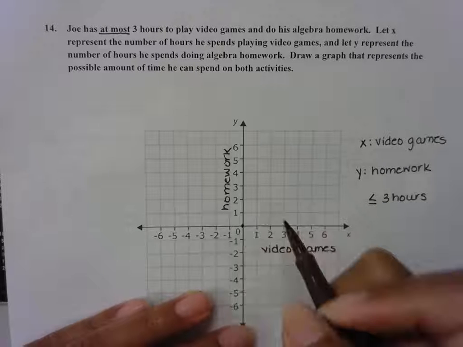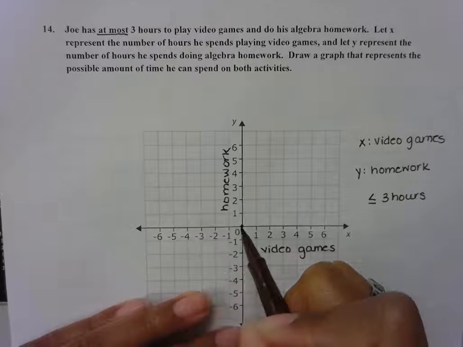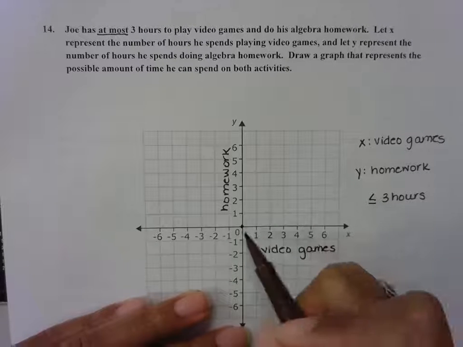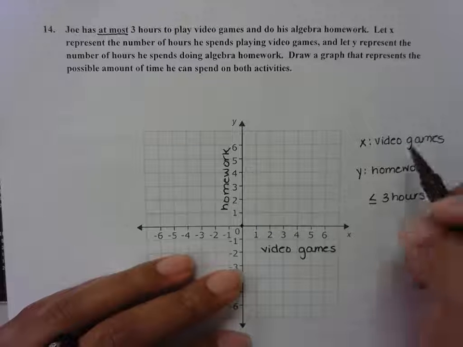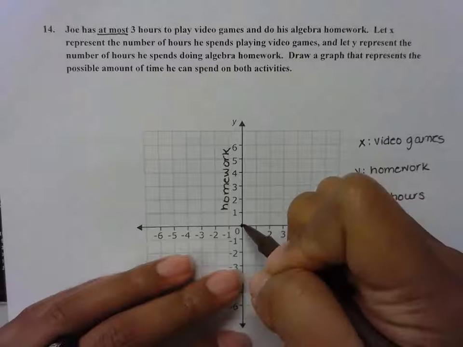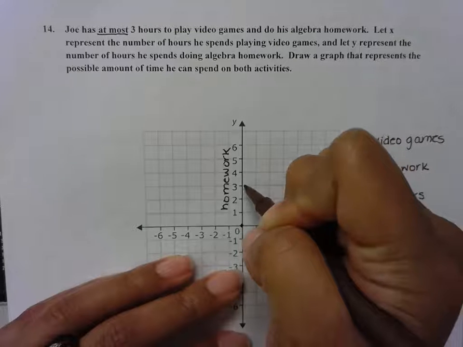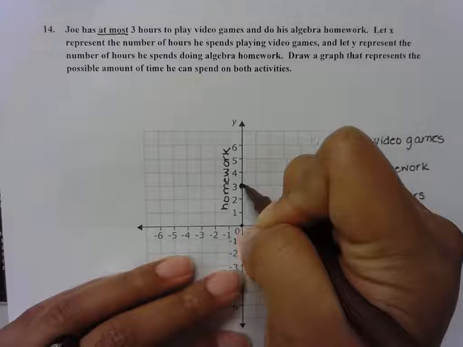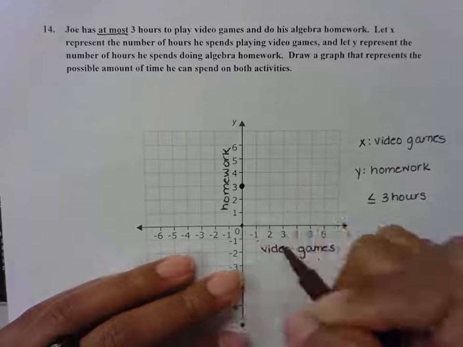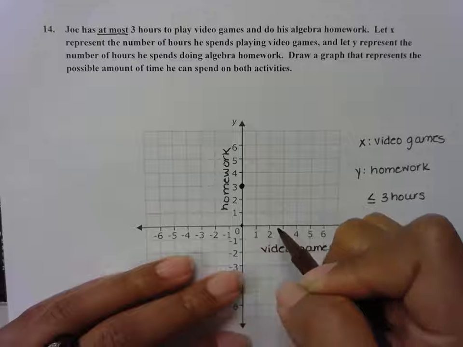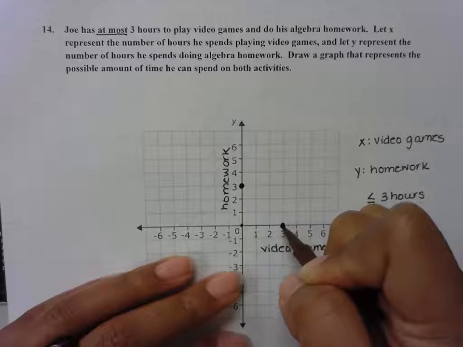But we don't bother going to the left of the origin or down from the origin because he can't spend negative time participating in video games or homework. So for homework, if he spends 3 hours doing homework, that means he spends 0 hours playing video games. Good decision. But on the reverse, he can spend 3 hours playing video games and no hours doing homework.